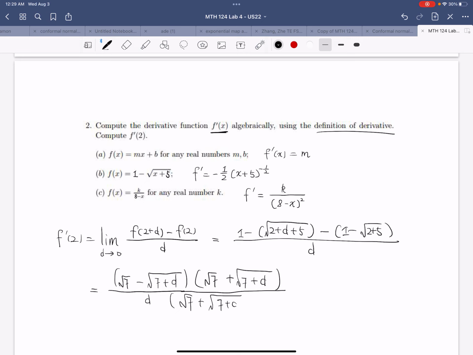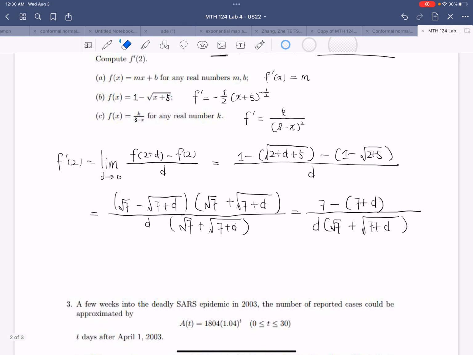The numerator gives us 7 minus (7 plus d), and the denominator is d times (root 7 plus square root of 7 plus d).